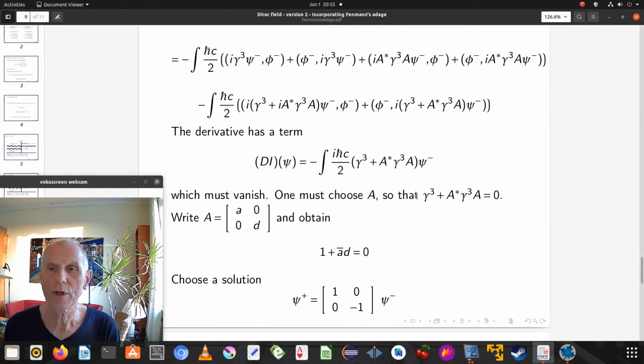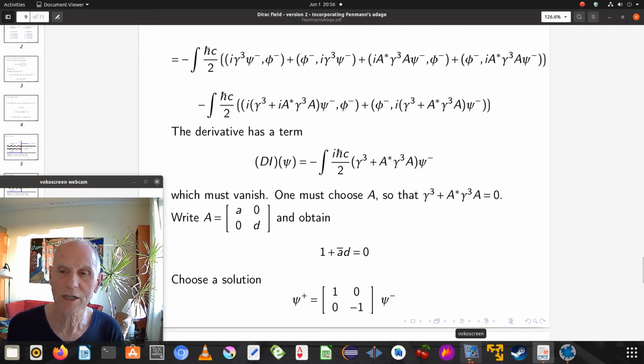If it's unitary, then we may multiply it by A star and cancel, so it just means that A and gamma 3 anti-commute. And I'm sure some of you know the entire family of matrices that commute with gamma z.